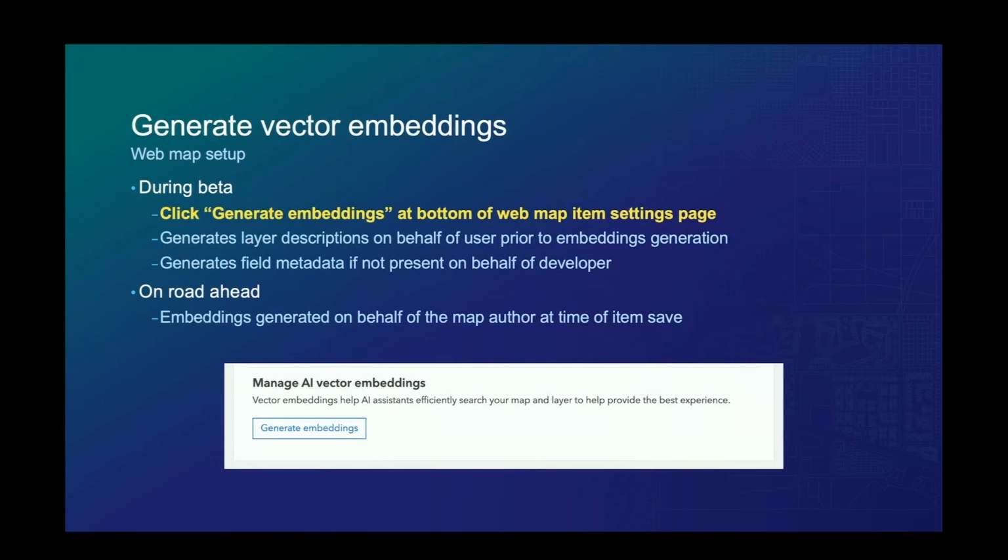Okay, so during the beta phase, we have a button available on the web map settings page. It's just under the section called Manage AI Vector Embeddings. What this will do is it'll just generate the embeddings. Now, I do put a couple of bullet points here for transparency.